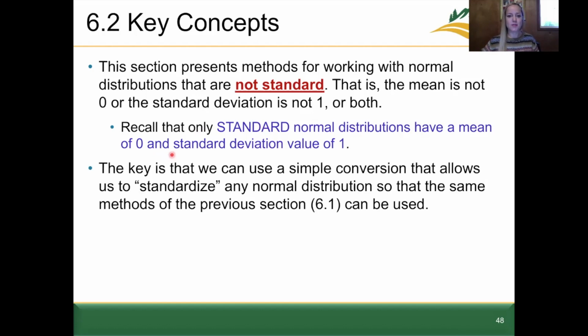So as we touched on previously in Chapter 3, there is a way to use a simple conversion that allows us to standardize any normal distribution. When a normal distribution becomes standardized, we make the mean 0 and we make the standard deviation 1. When we have a standard normal distribution, then everything we talked about in 6.1 applies.